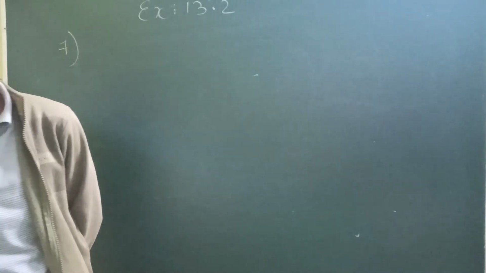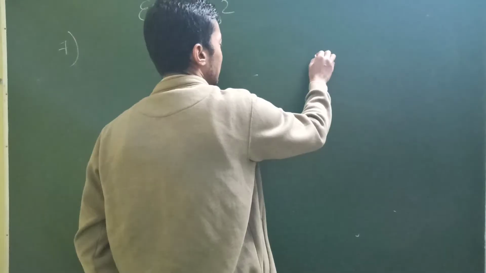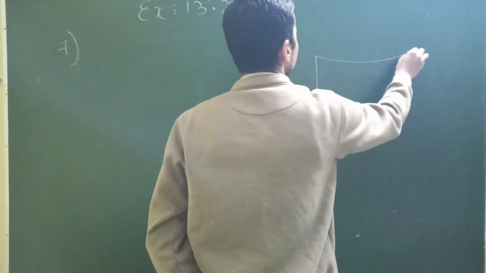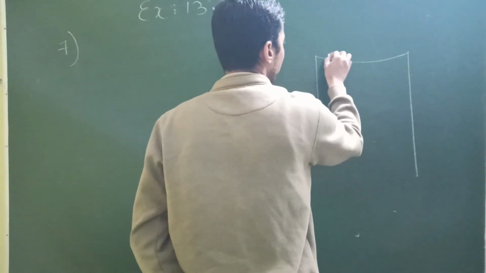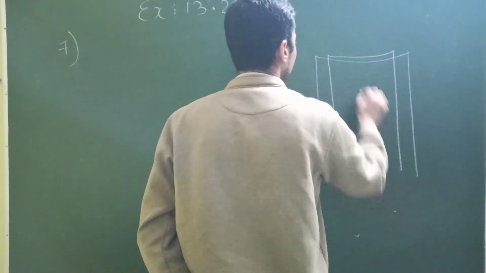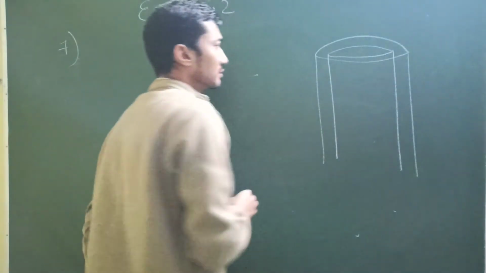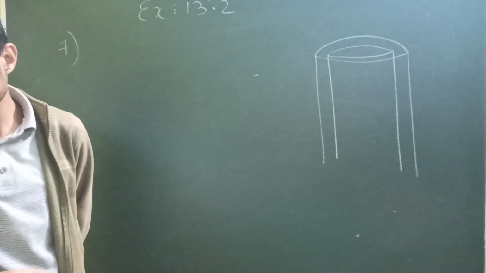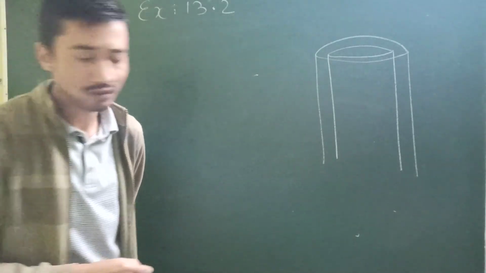So then that's quite simple. Because what they have given is, they have given us the well which has an inner curved surface area, something like this. So the question that is given to us is the inner diameter of the circular well.